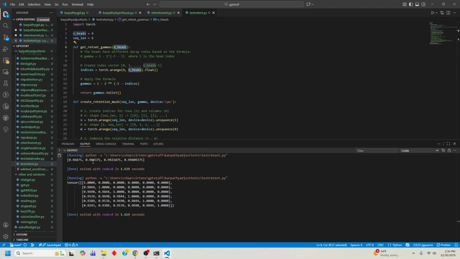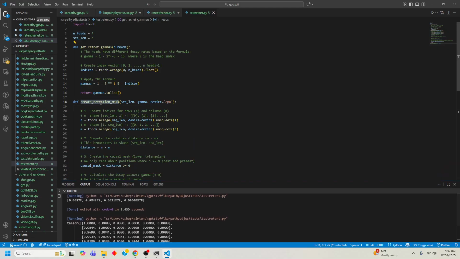You take that and feed it into this next function that creates the retention mask. You'll need the sequence length and the gamma, which is each one of these gammas will be fed into each head.